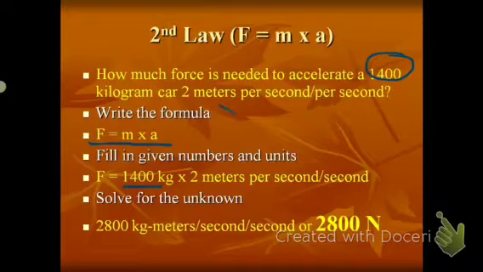The acceleration is 2 meters per second per second. So then we're going to solve for the unknown. 1,400 times 2 is 2,800 kilograms meters per second squared, which I told you before is a newton. So that is the unit for that. So we have 2,800 newtons is the force. Okay? Let's practice some more.